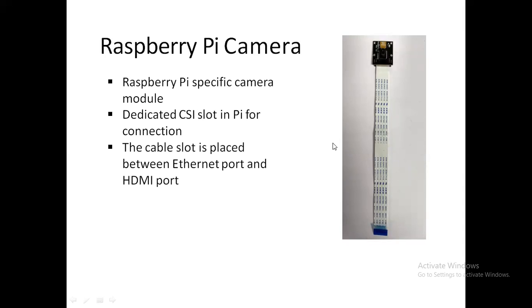It means there is a slot in the Raspberry Pi where you are going to insert this camera. The cable slot is placed between the Ethernet port and the HDMI port.